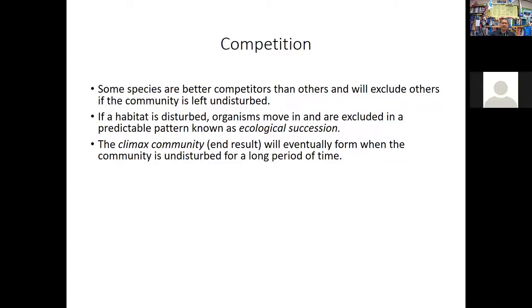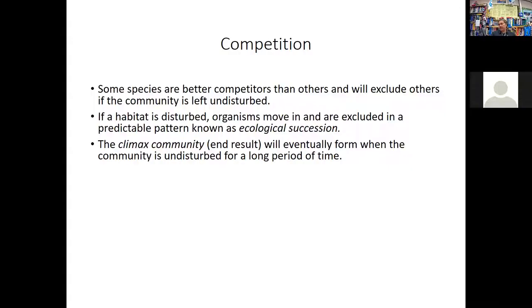And as they change the environment ever so slightly, other flora and fauna are able to now live in this community, and different plants and animals are going to replace the original ones. And finally, you'll have an end result called the climax community. And that forms when the community is undisturbed for a long period of time with similar physical conditions.